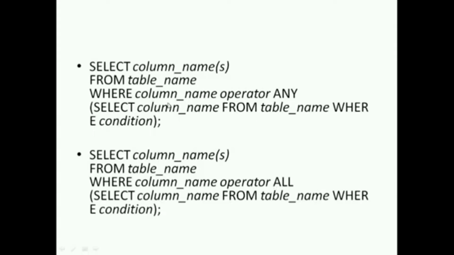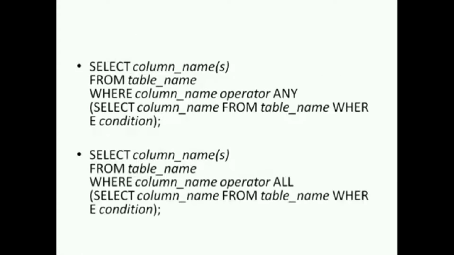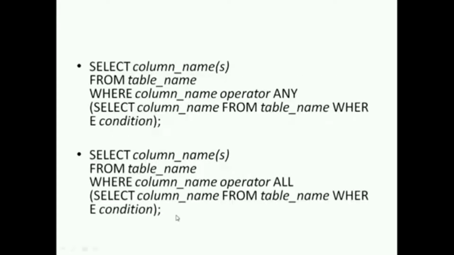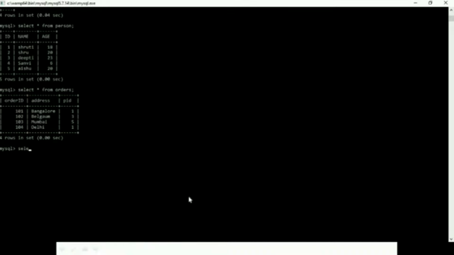ANY returns true if any of the values meets the condition, and ALL returns true if all the subquery values meet the condition. So we can just go to our database and write a query. Select id from which table?